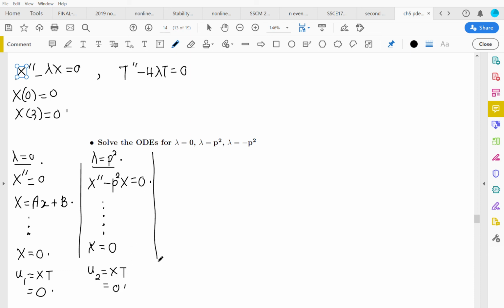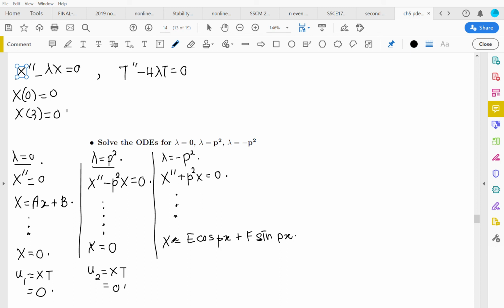And for the third case, lambda equal to negative p square, I think it is also the same as in the heat equation that we saw. We need to solve x double prime plus p square x equal to 0. You solve this second order ODE, and you will get for this case x equal to e cos px plus f sin px.